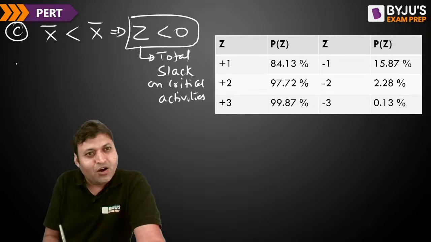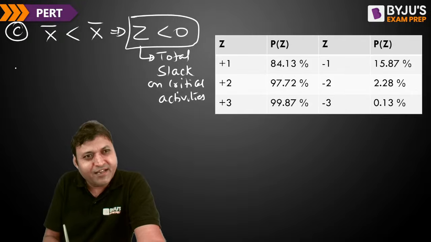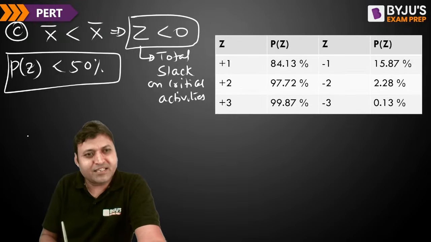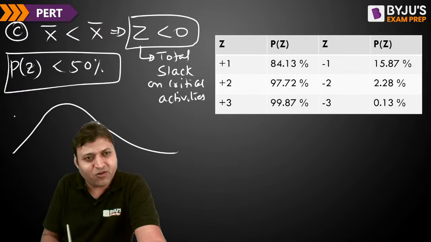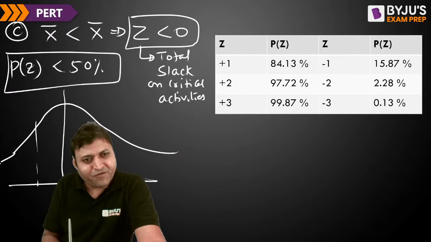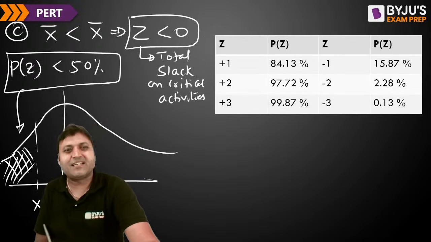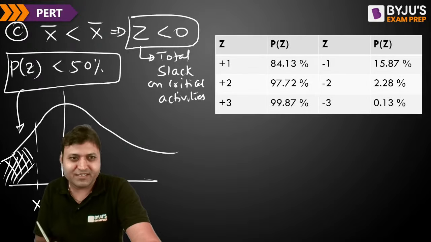And if we want to find out P(Z), then the chances will be less than 50%. This is how the normal distribution curve will look. Now, if x is less than x bar, then this is the area under the curve, which is less than 50%. The chances are less than 50%.